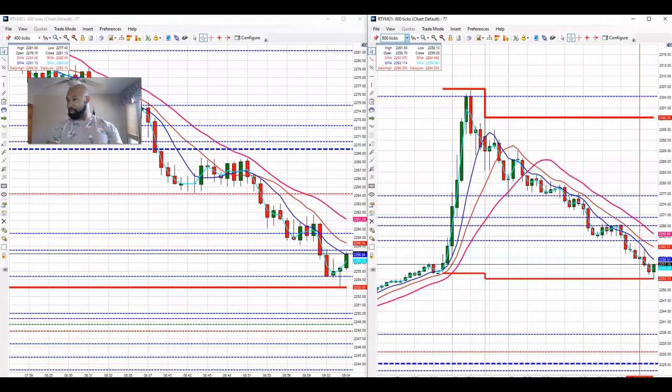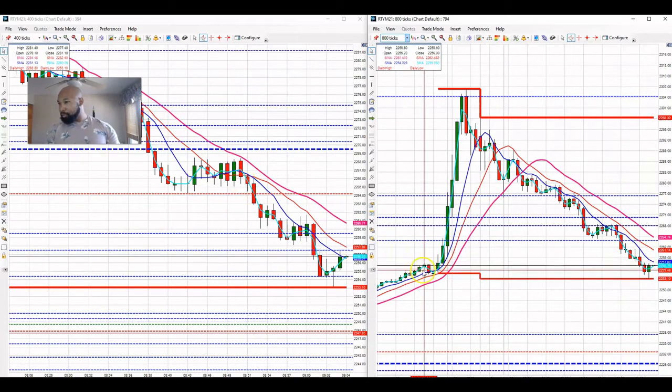Okay, let's see if price action is going to cross this line decisively. If it does, I might enter. Let's see if it crosses the red line.